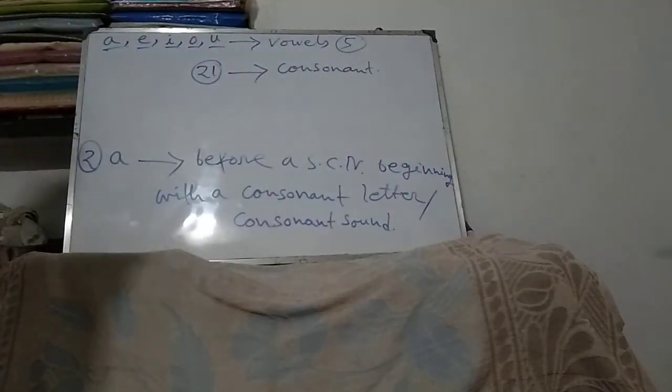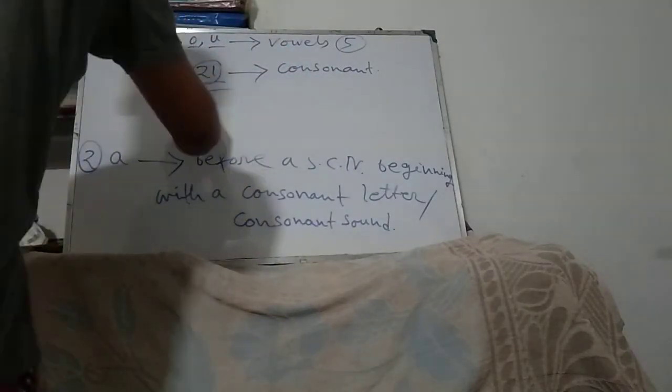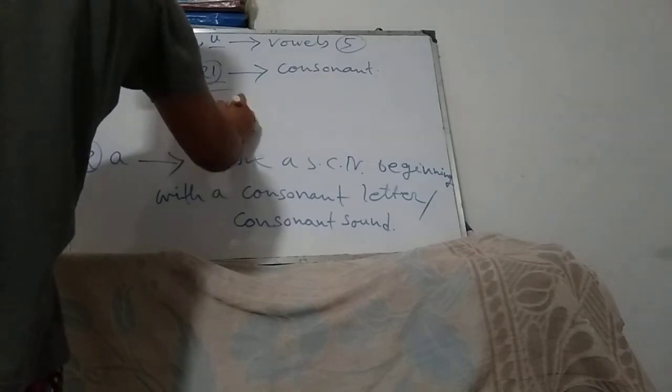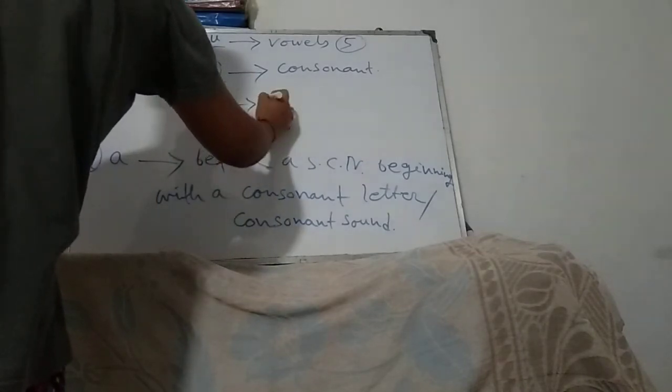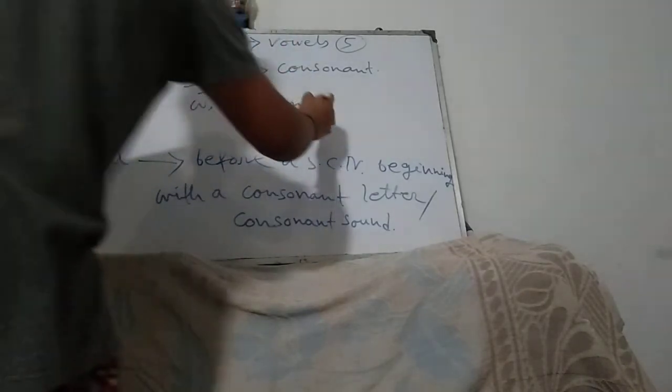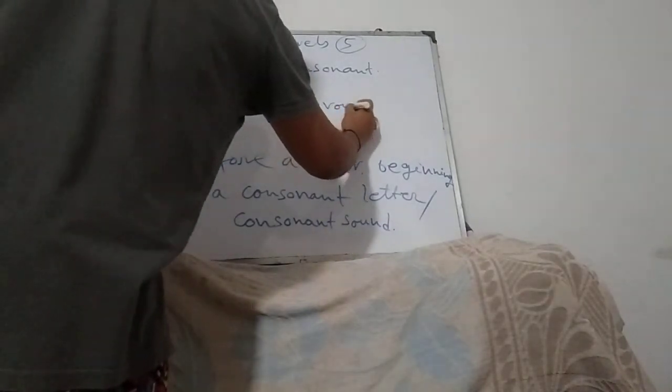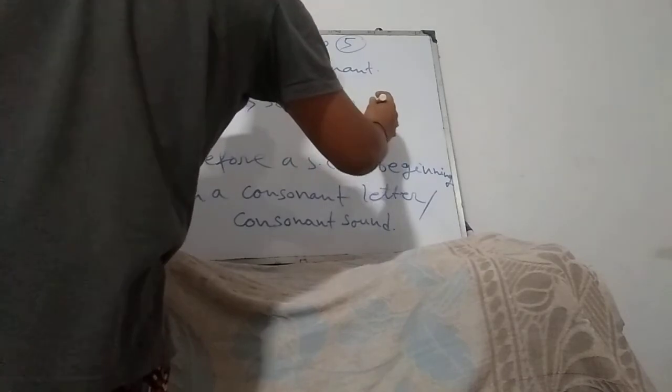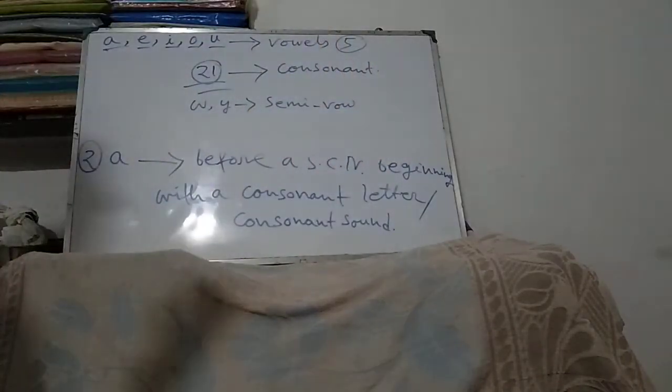Though among these 21 letters, W and Y are called semi-vowels because in some cases they sound or they are used like a vowel.